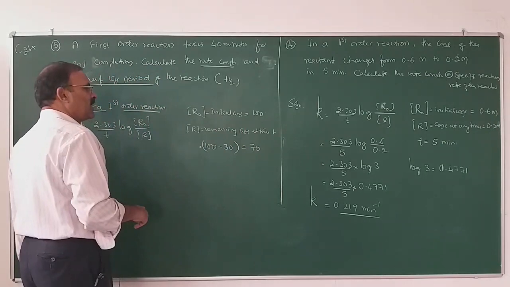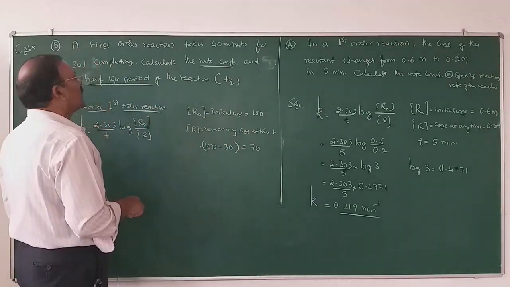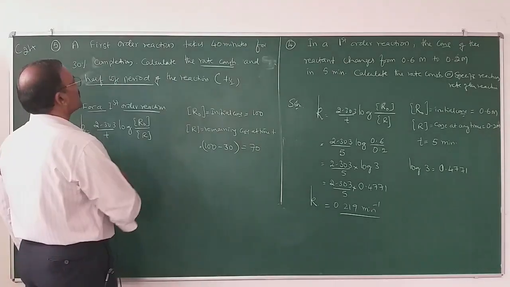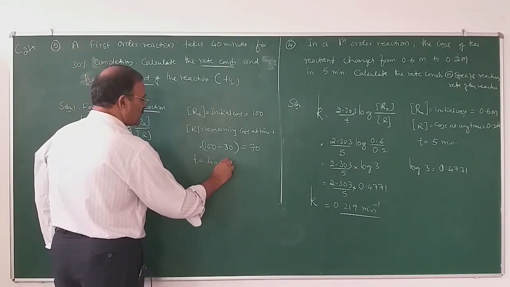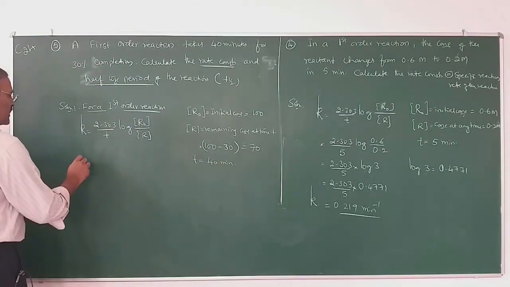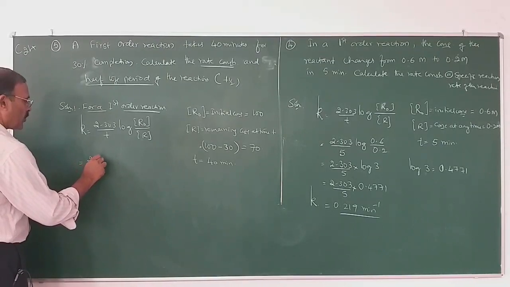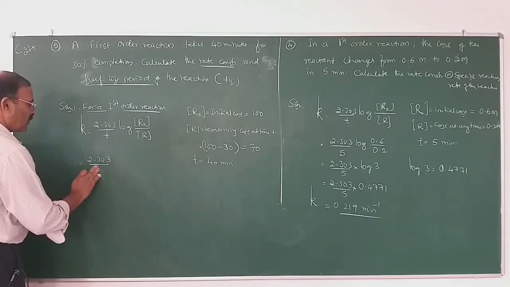So 70% is the remaining concentration of the reactant. And then what is the time? Time t equals 40 minutes. So substituting in this equation, 2.303 divided by, what is the time?